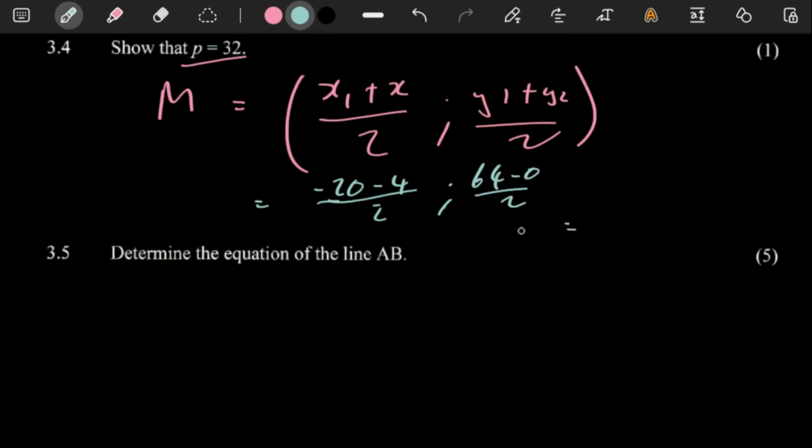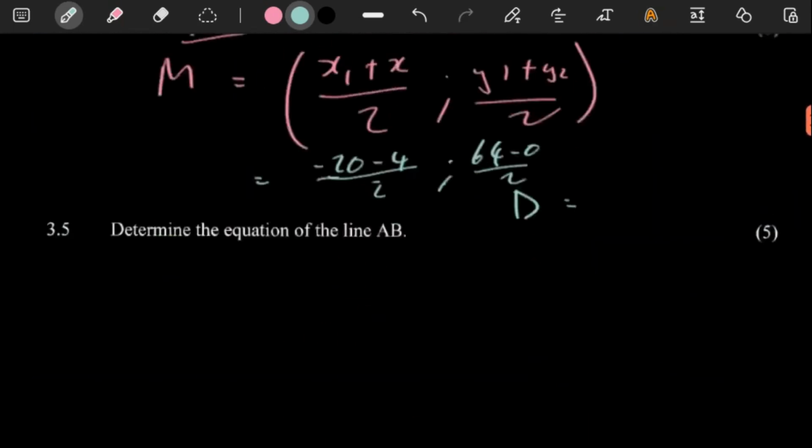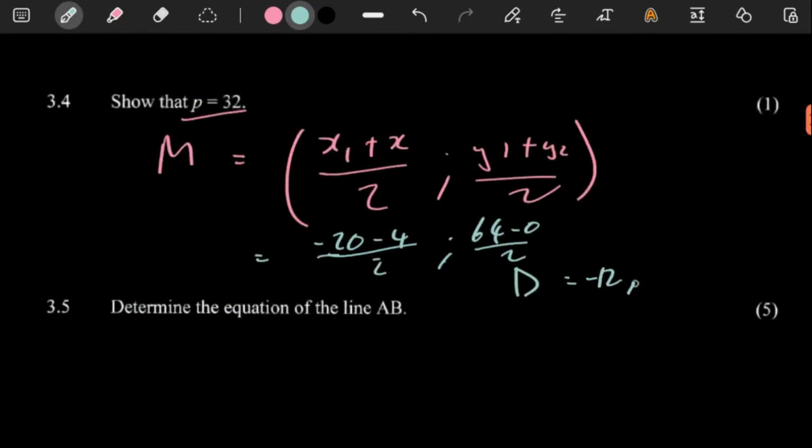The x coordinate is negative 12, it's clearly there, and the y value is going to be 32. I don't even know why I did both sides because we only need the y value. So P is equal to 32.